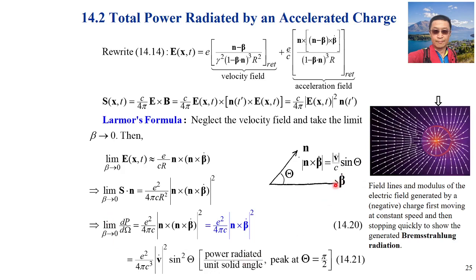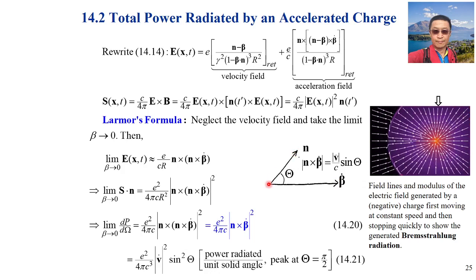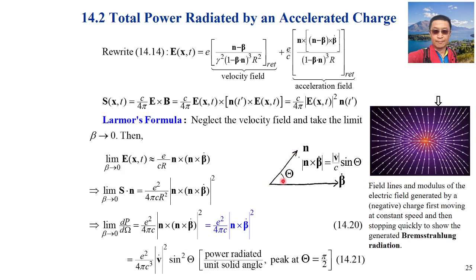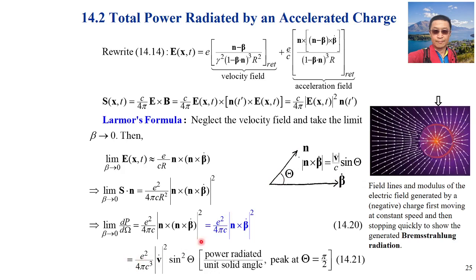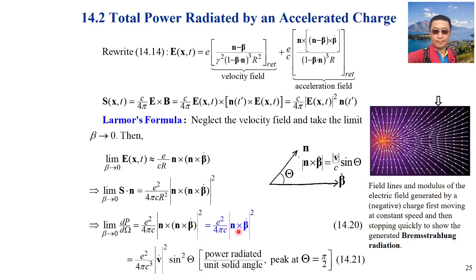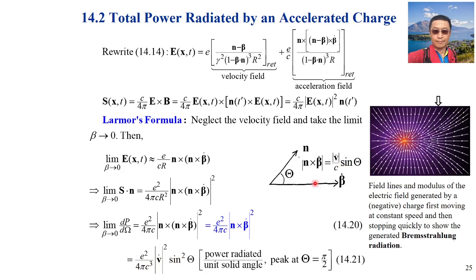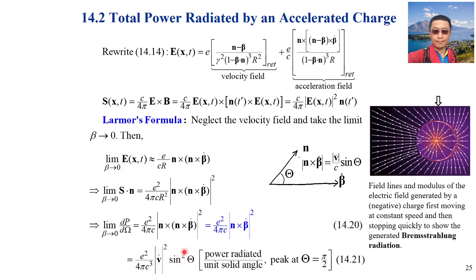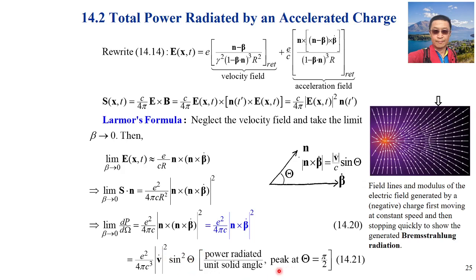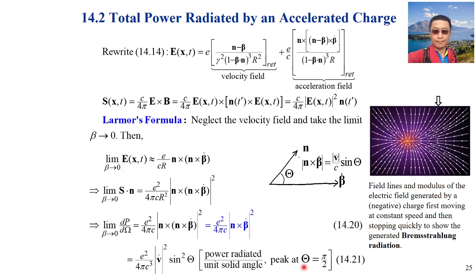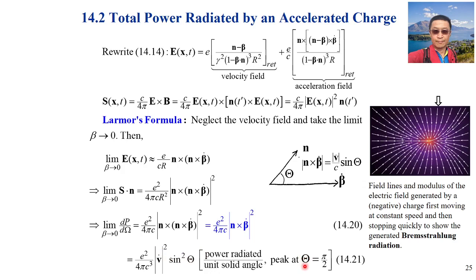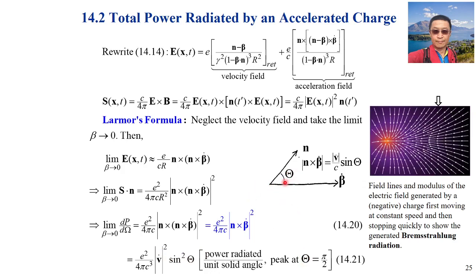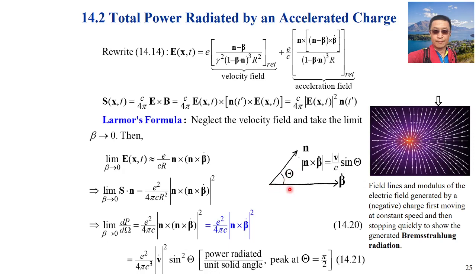If beta dot is in this direction or in that direction, the result will be completely different. So we get e squared over 4 pi c cubed, because of the c squared, times v dot squared sine squared theta. You can imagine the largest is when the angle is pi over 2. That is the largest. Okay.